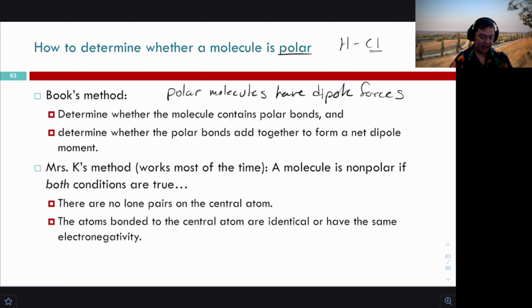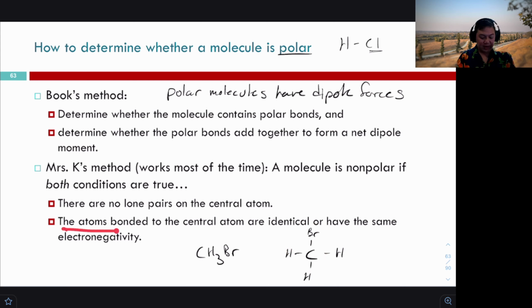So an example of this would be CH3Br. We'd have 3 hydrogens around our carbon and 1 bromine. That bromine, again, is more electronegative than the hydrogens, so this would be a polar molecule.